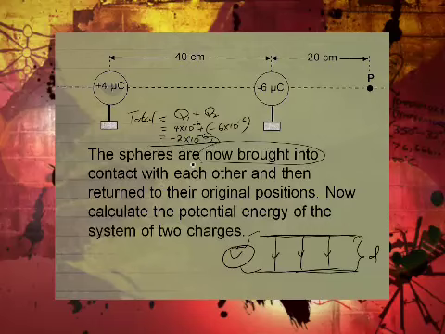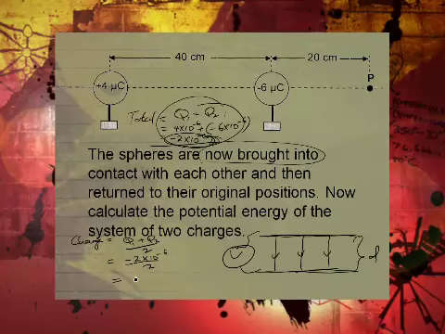But then each sphere, okay, because that's when they are together now. You separate them. When you separate them, it means charge on each sphere is going to be Q1 plus Q2 over 2. And that will be minus 2 by 10 to minus 6 divided by 2. So charge on each sphere is going to be minus 1 by 10 to minus 6 coulombs.